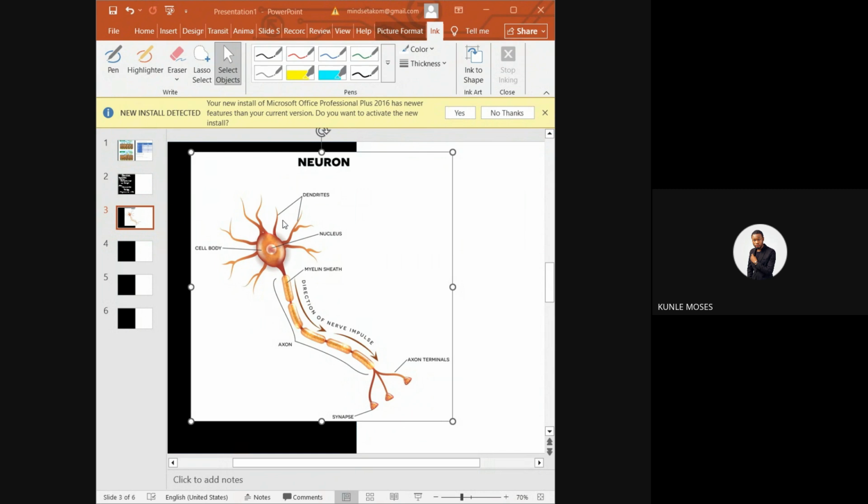Anytime you see a branch-like structure around the cell body, it is referred to as the dendrite. Is that taken? What the dendrite does is that it helps to receive signals from receptors.